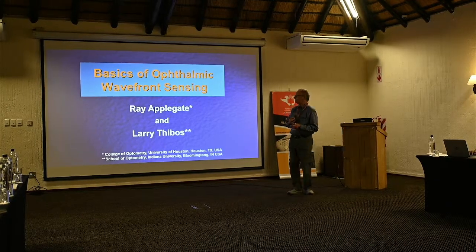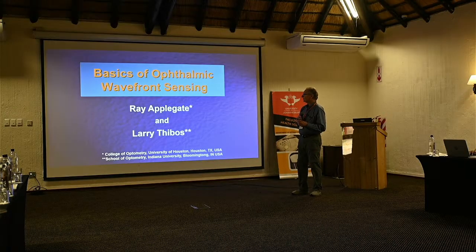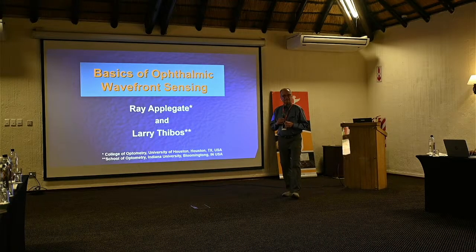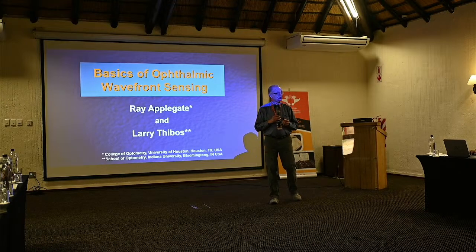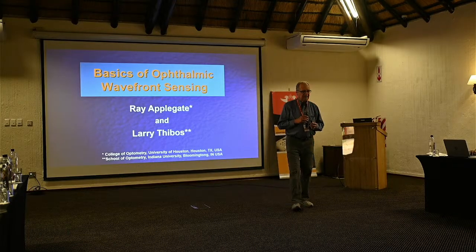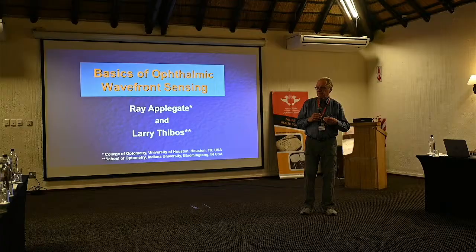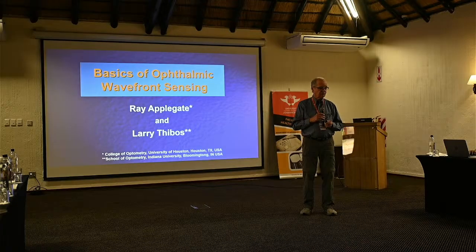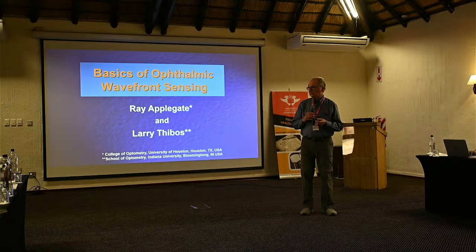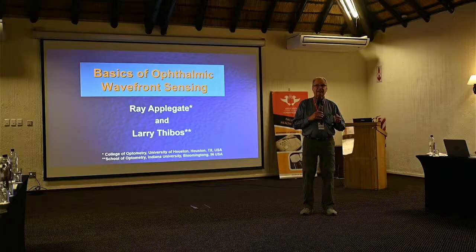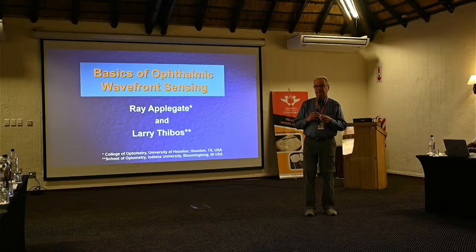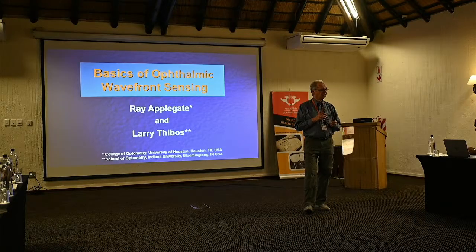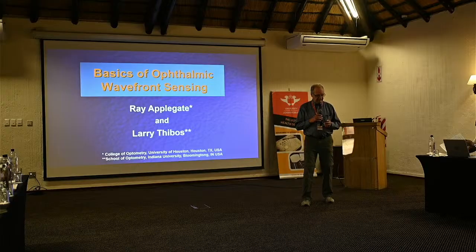So today we've been asked by the organizers, Larry Thibos and myself, to give some insight about how aberrations are actually measured. We've talked about the power of using wavefront to make corrections on the eye, to understand the optics of the eye, to understand retinal image quality and all the metrics that you can calculate from it.